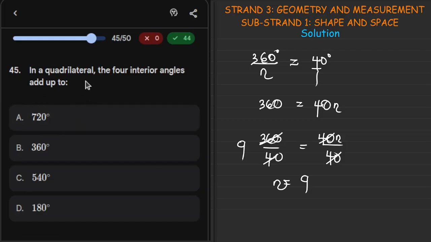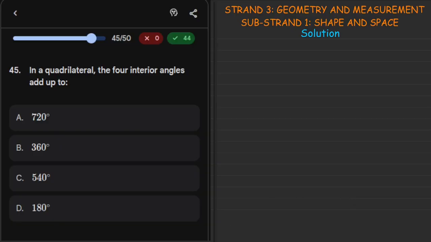Question number 45. In a quadrilateral, the 4 interior angles add up to what? So for a quadrilateral, it is always 360. But if you do want to solve, we know the sum of the interior angles is given as 180 into bracket n minus 2, where this n represents the number of sides of the polygon.